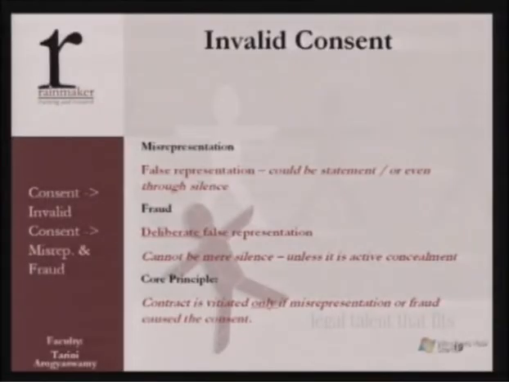Let's look at the invalid consent situations, which could happen for a few different reasons. Invalid consent looks at whether there was some legally vitiating factor that will make the contract voidable, which means that the party that did not give free consent, whose consent is considered invalid, has the ability, the right to reject or to accept the contract.